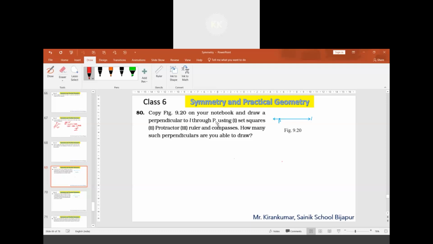When you have a point P on the line, at that point P, there can be only one perpendicular which is possible to draw. Apart from this perpendicular, you cannot make any other perpendicular.